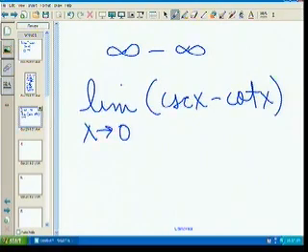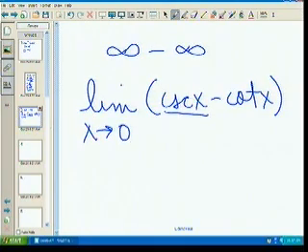So let's just validate. We know it's going to be infinity minus infinity. Let's just validate that. Cosecant of 0, well, probably we're not wired necessarily to think of the cosecant of 0, but the sine of 0 ought to be up there somewhere. And then once we get the sine of 0, we'll try to flip it. What's the sine of 0?